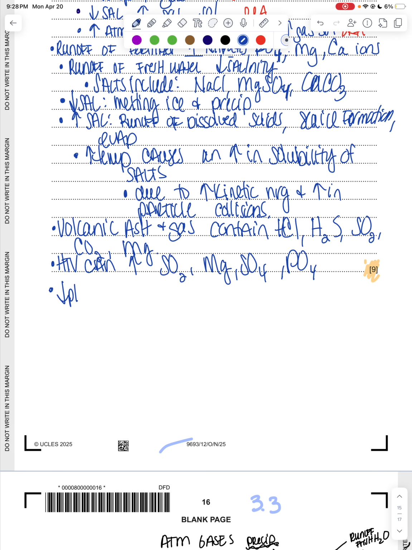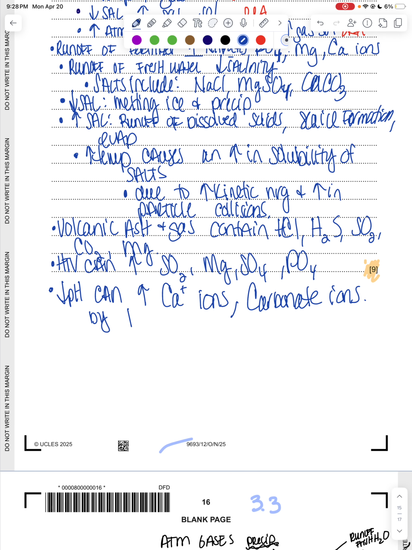A decrease in pH can increase the calcium, I think it's Ca2+, but it's fine because it's not chemistry class. Ions, the carbonate, the CO3, carbonate ions, by increasing dissolution of CaCO3 shells.